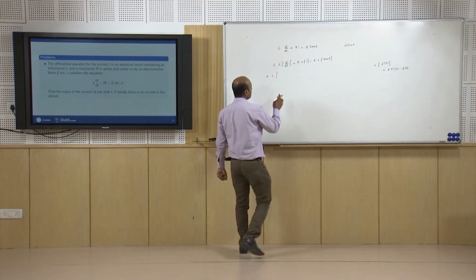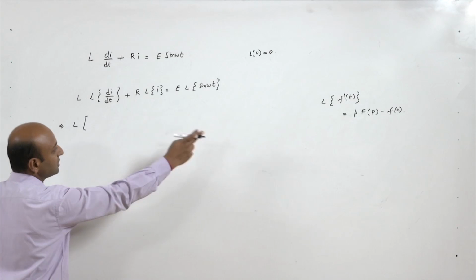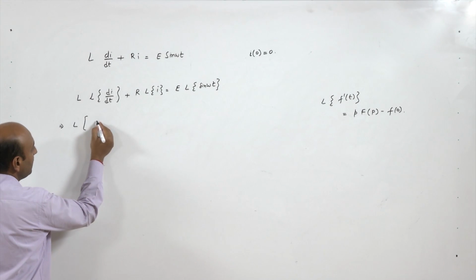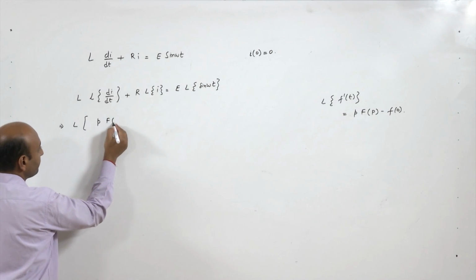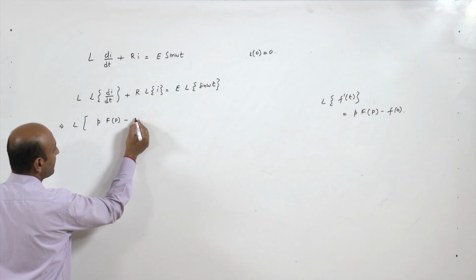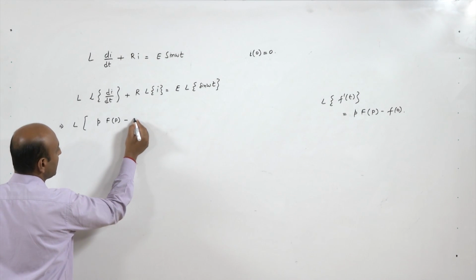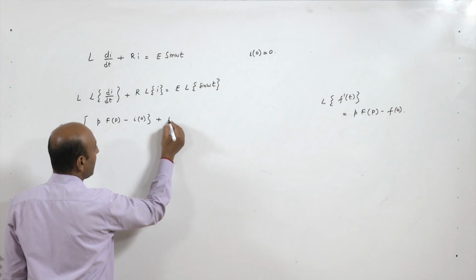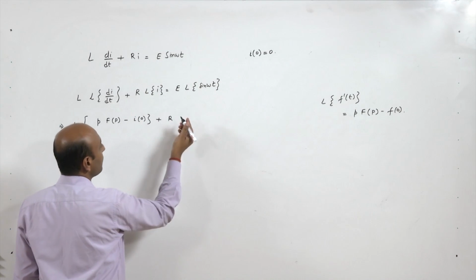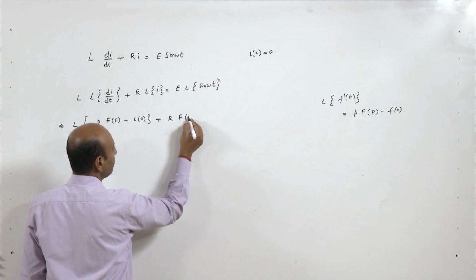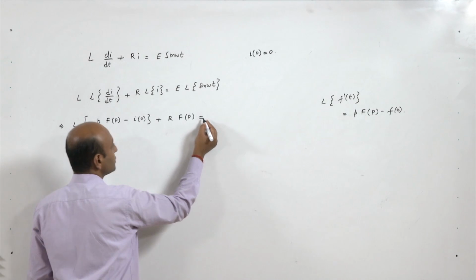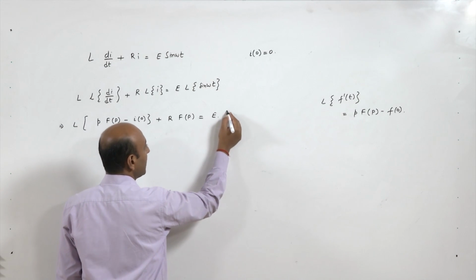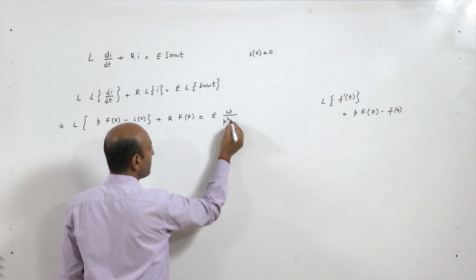The Laplace transform of this will be p F(p) minus f(0), and f(0) means I(0), plus R into the Laplace transform of I, which is F(p), equals E times the Laplace transform of sin omega t, which is omega upon p square plus omega square.